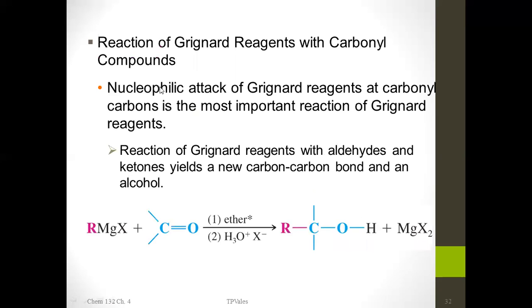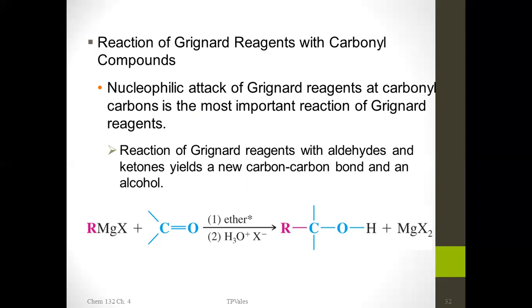The reaction of Grignard reagents with carbonyl compounds can produce an alcohol. So this is another reaction for alcohols. Earlier, we simply used oxidizing or reducing agents on carbonyl compounds to make alcohol, but we can also prepare alcohol from our Grignard reagents.